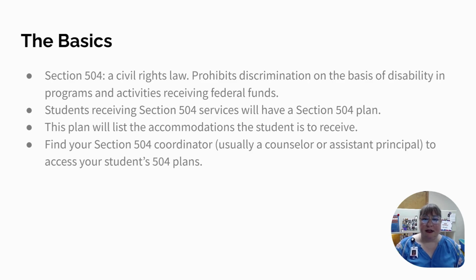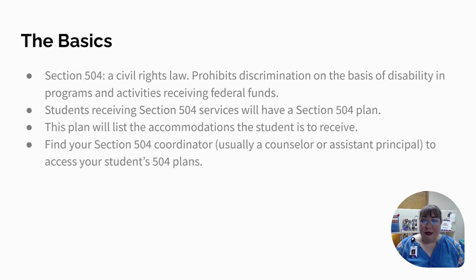That plan is going to list the accommodations that the student is to receive, and that's typically all of what you're going to see in a 504 plan. It's not like special education where there's a lot more information. A 504 plan is pretty simple and usually very short, and it's going to have information about their disability and the accommodations that they are going to need to be successful in the general education setting.